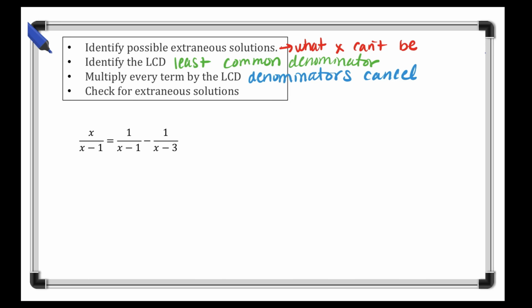So here, let's look at this question. What we have is, again, looking at what x cannot be. So x cannot be 1, or it cannot be 3. And my least common denominator is going to have 1 of everything in the denominator. So I need an x minus 1 and an x minus 3. You're going to go ahead and multiply every term by the LCD.